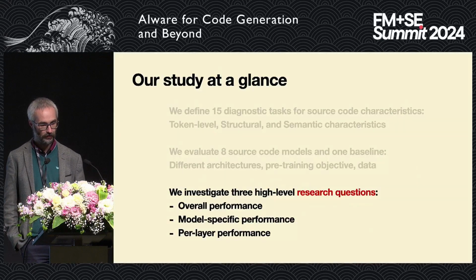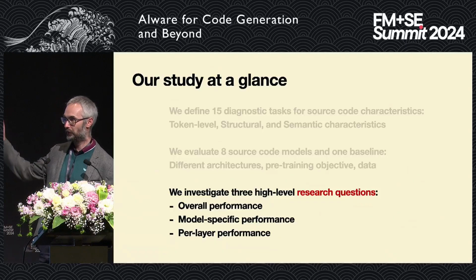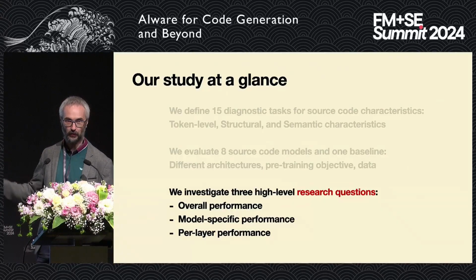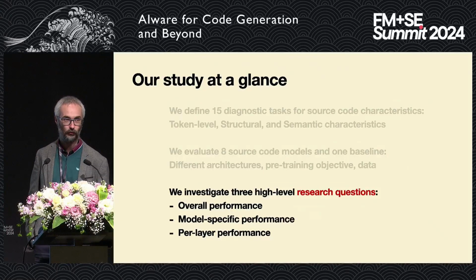In terms of research questions, we looked at the overall performance on those tasks. Then we looked at model-specific performance and per-layer performance, because you could get information on all the layers of the model, although I won't talk much about it because we don't have that much time.